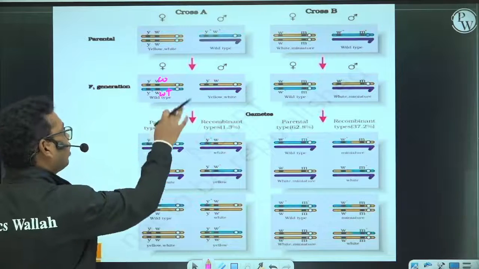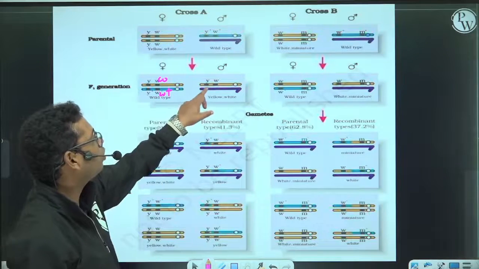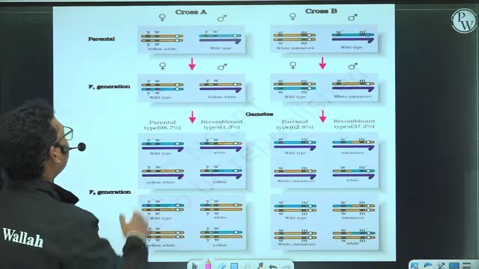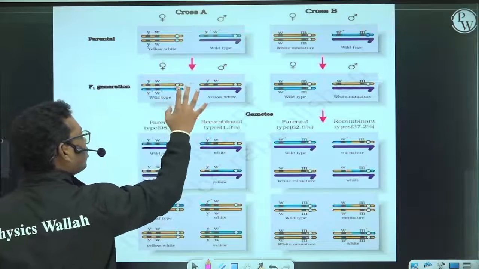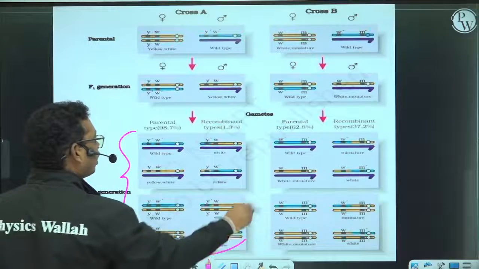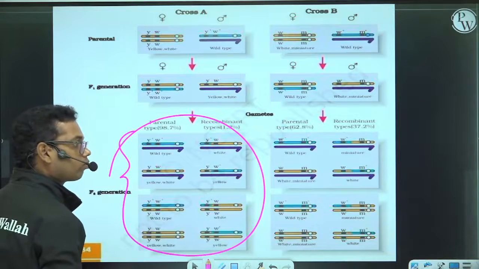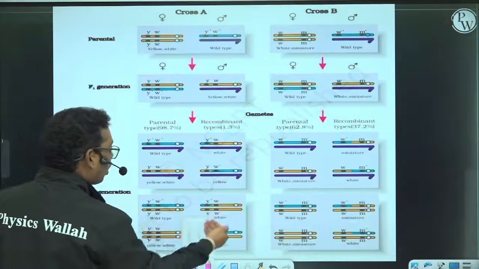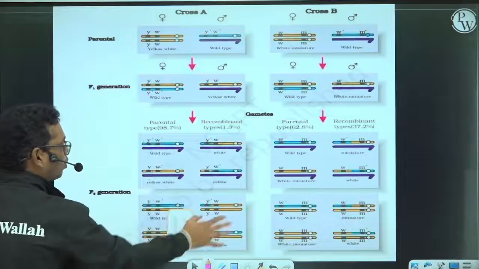Brown and red eye, and here y w, that means yellow and white eye. This F1 generation will produce the F2 generation. So this entire one is the F2 generation, and in the F2 generation I will get 8 different types of combinations.